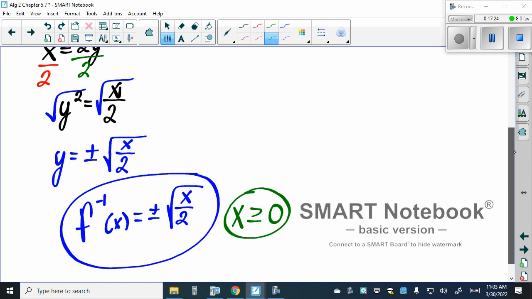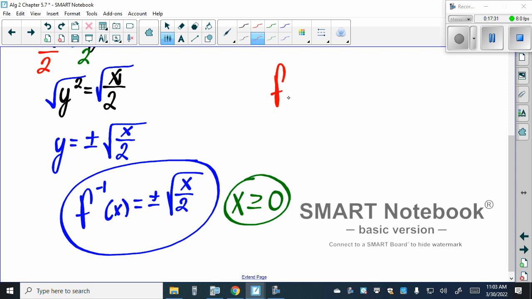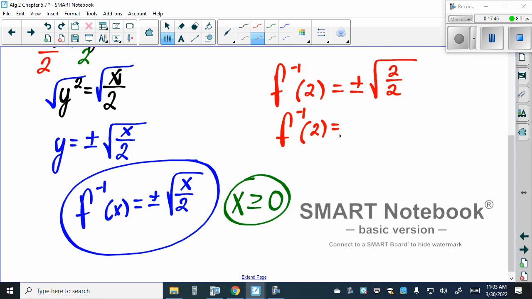Now the other part of this was to find the input when the output was 2. So to find that input, we're just taking f inverse of 2, which is equal to plus or minus the square root of 2 over 2. And again, at this point we can't put the plus or minus, but we can definitely take the square root of 2 over 2 in the calculator, which would be the square root of 1.